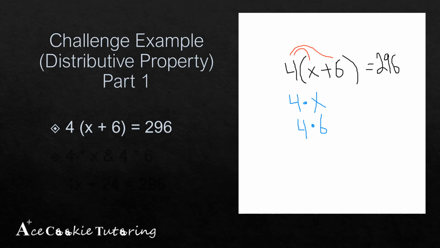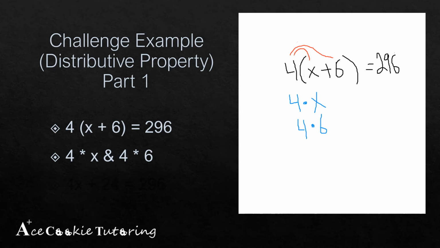So I'm going to go ahead and do this one in a couple different steps just in case you're not familiar with the distributive property. So what's important to remember here is that everything inside of the parentheses, so the x plus 6, is being multiplied by the 4, which is outside of the parentheses. So if you look over on the right of the screen, you'll see those red lines.